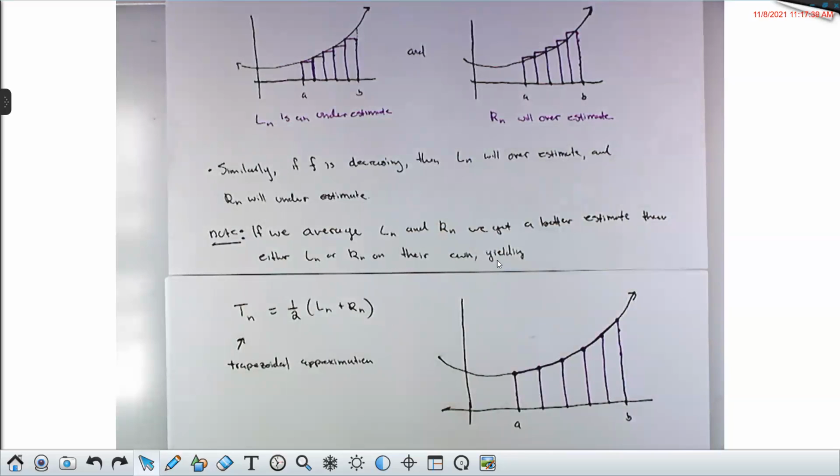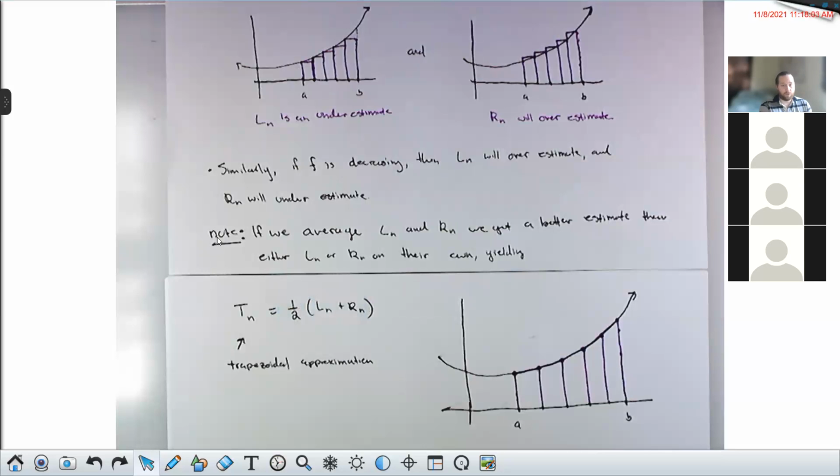And the trapezoidal approximation, which is what you get by averaging the left and right endpoint approximations, was like 0.3 something. It was very, very close. So sort of the best thing we can do to combine Ln and Rn to get a better approximation is to average them. And it's nice because it doesn't require doing any fresh calculation beyond adding these and multiplying by 1/2. There are other ways to improve this.